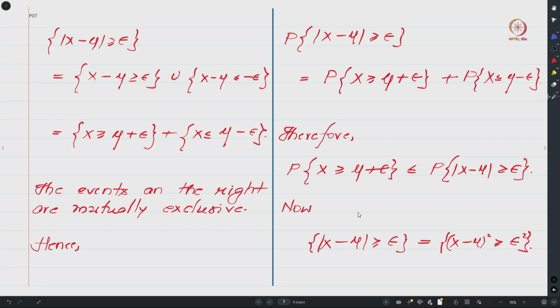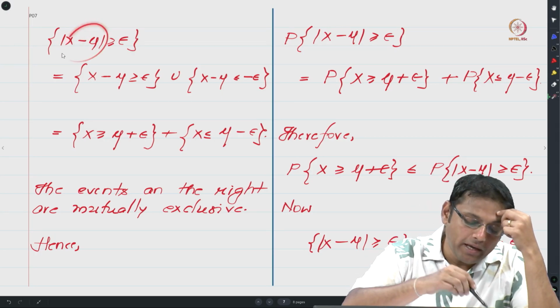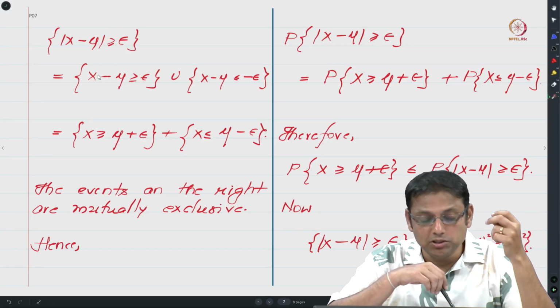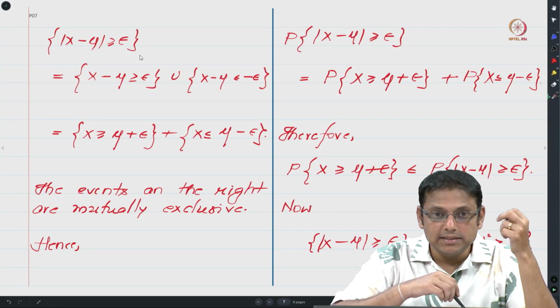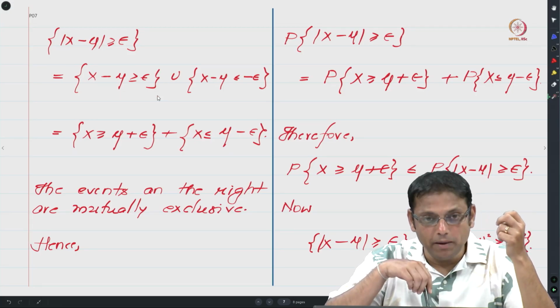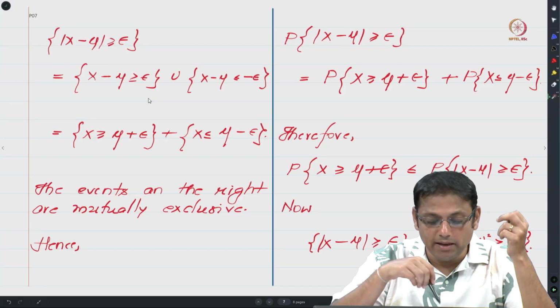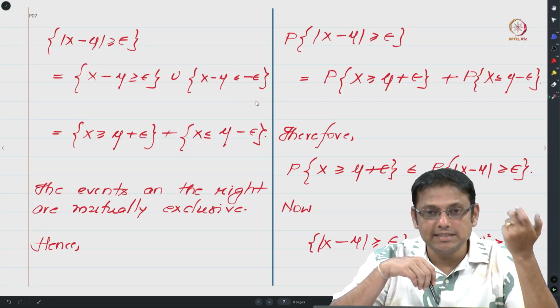Okay, so the question is, how can we then apply Markov inequality to get some inequality like this? Towards that, the first observation we make is that this event, the collection of all omegas where the absolute value of X of omega minus mu is greater than epsilon, can be written as the union of pairwise disjoint events, which is that X minus mu is greater than epsilon and X minus mu is less than minus epsilon.